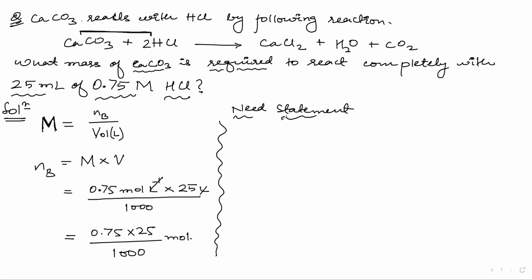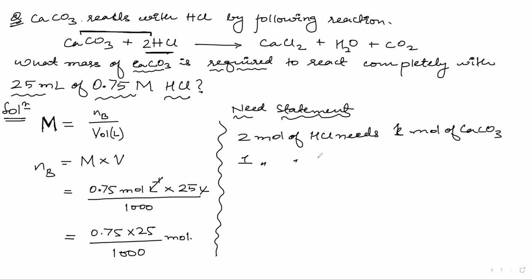According to the need statement, 2 mole of HCl needs how much CaCO3? 2 mole of HCl needs 1 mole of CaCO3. So 1 mole of HCl needs 1/2 mole of CaCO3.